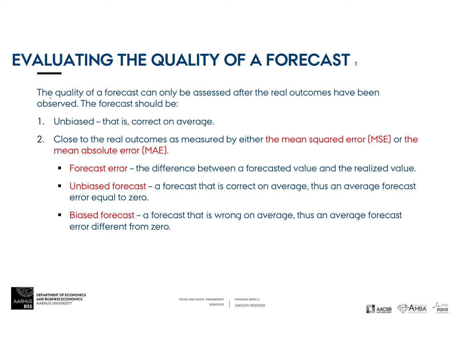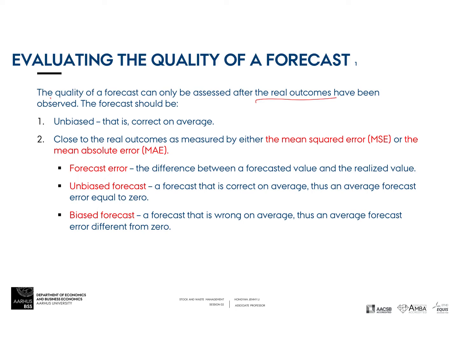However, before you choose any specific forecasting method, you should know how to evaluate the quality of a forecast. So we first look into how to evaluate the quality of a forecast here. The quality of the forecast can only be assessed after the real outcomes have been observed. So basically the idea is to use the realized outcome to compare with your forecast. Then you will know how good it was.